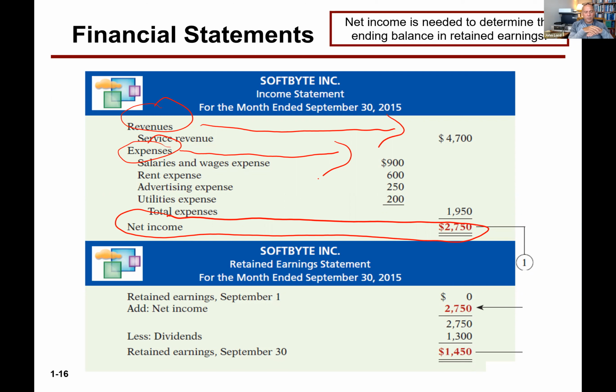Now, if I buy a piece of equipment that I'm estimating is going to be around for 5 years, that clearly has future economic benefit. I will report that on the balance sheet as an asset, and we're going to look at the balance sheet in a minute. Like those barber chairs, for example.